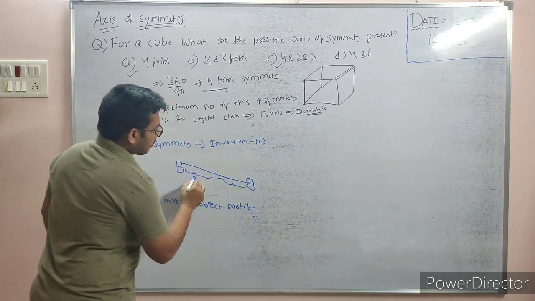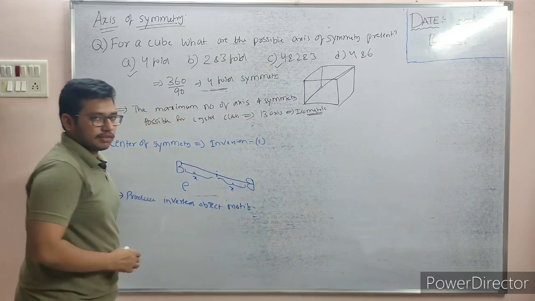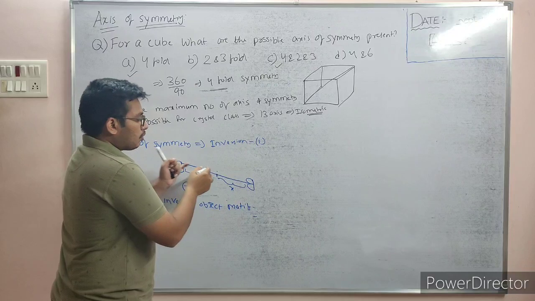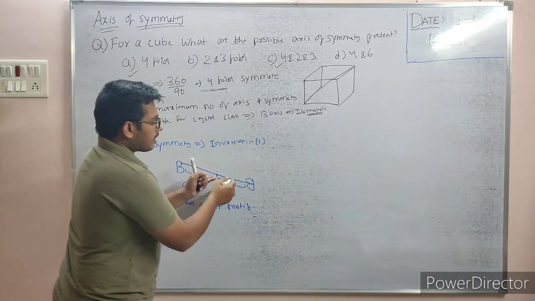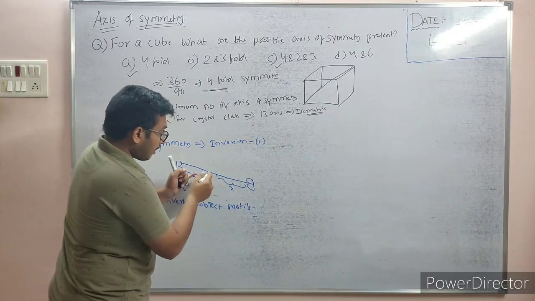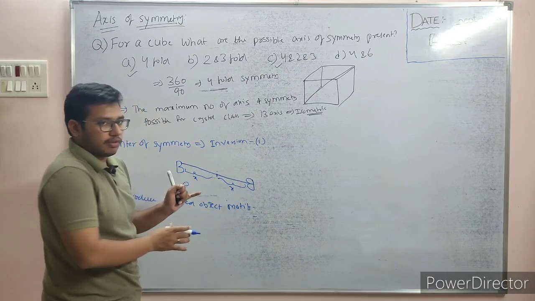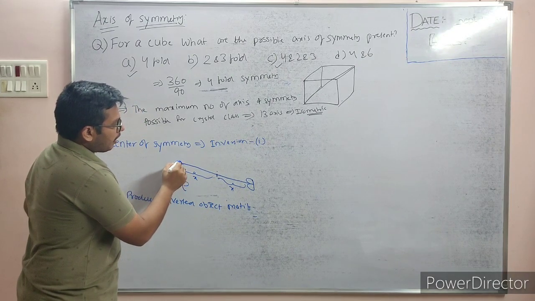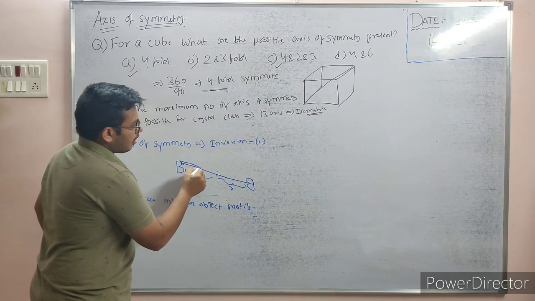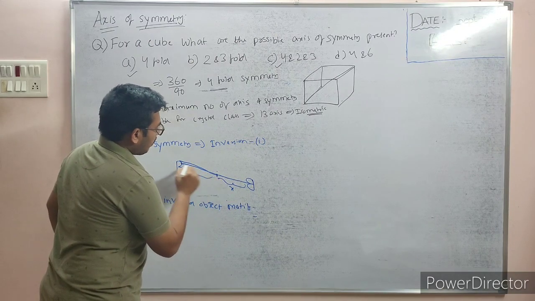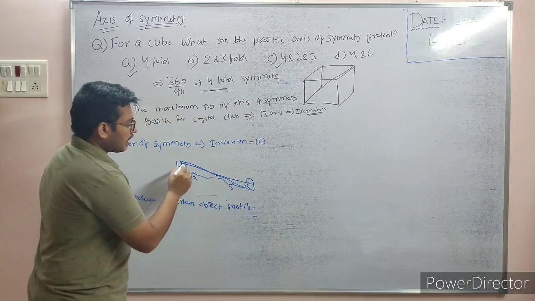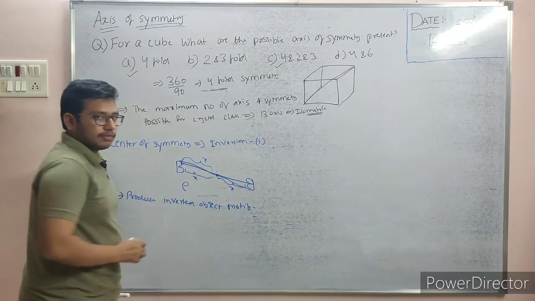If it has x distance, the other will be x distance. So the imaginary lines drawn from the object through this inversion center have an equal distance. When you are drawing the line from any point, you can take this point also, through the inversion center, when it touches the same point, it covers an equal distance, right?